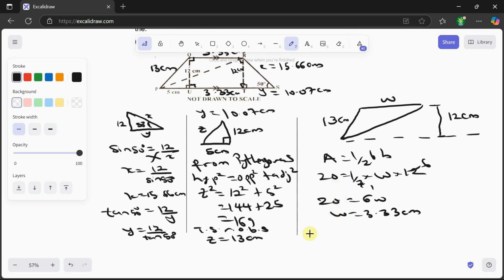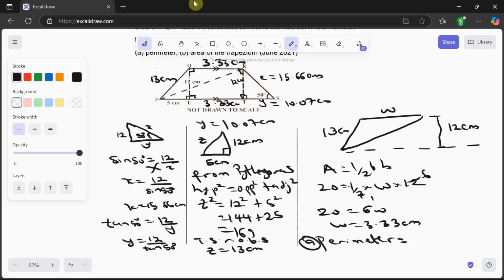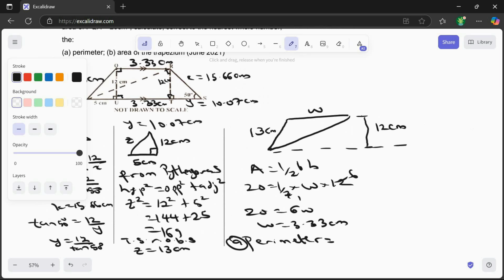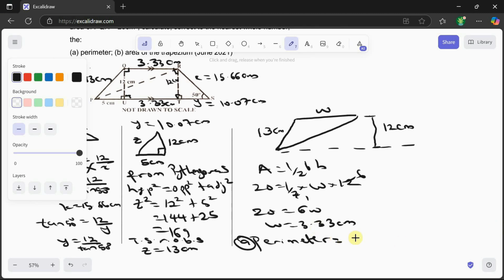So the perimeter is equal to, I just need to add up all these sides here. I would have written out all the sides I'm adding, but I don't have the space. So let's just write it. That will be 13 plus, let me go from here to here, 3.33 plus 15.66 plus 10.07 plus 3.33 plus 5 centimeters.